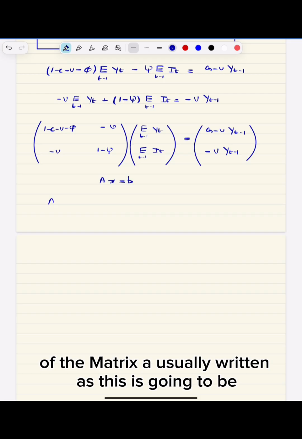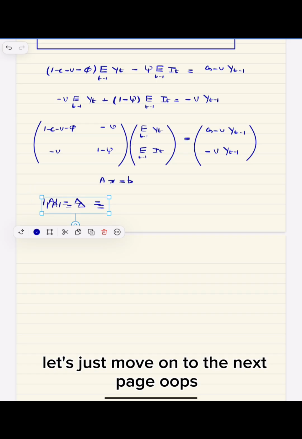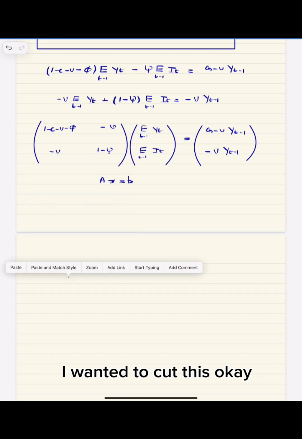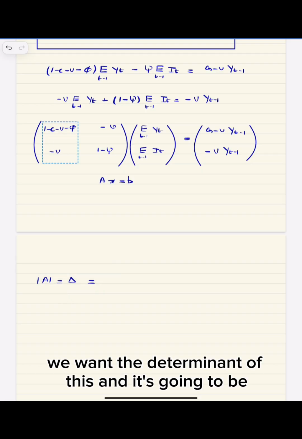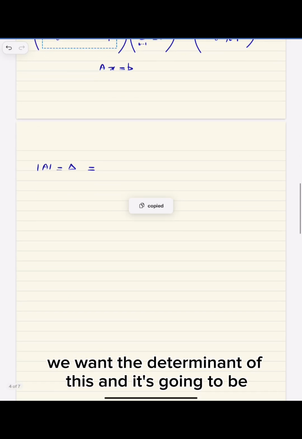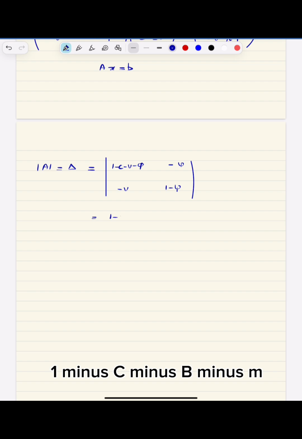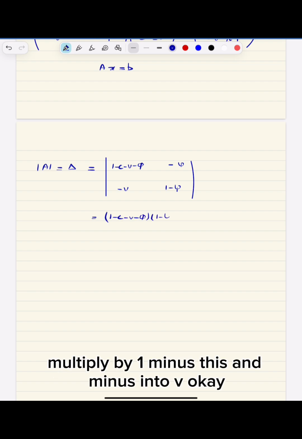The determinant of the matrix A, usually written as this, is going to be, let's just move on to the next page. Oops, I wanted to cut this. Okay, we want the determinant of this, and it's going to be as follows: 1 minus c minus v multiplied by 1 minus this, and minus into v.